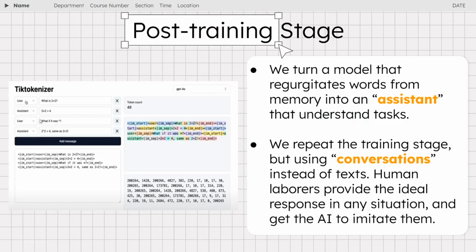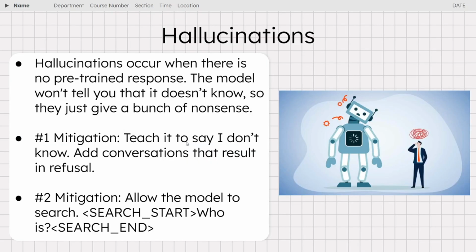If the model puts search_start and search_end, it will basically open a new session and search the web, return all the information it can, and produce a response based on the information the AI obtained from searching the web.